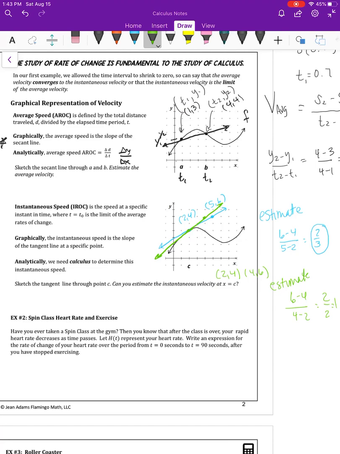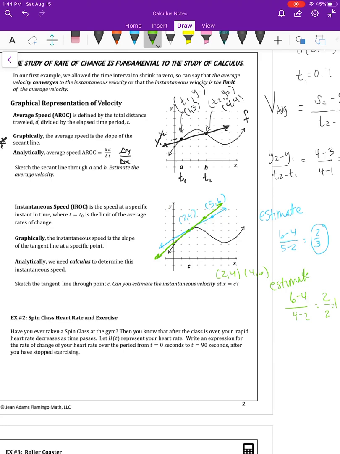And it seems like a big difference, but it's not. If I saw your work and it matched up that you drew the line tangent and you chose a point that you went through, this would be an okay estimate, okay?